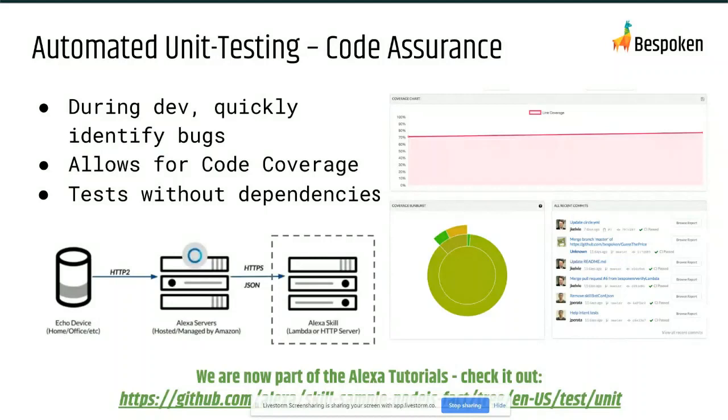You can dig through and see what's happening with your code. Really a lot of nice stuff there. And then you can also hook into continuous integration tools. Really not too hard to do, so that every time that you push code to GitHub, it automatically runs these unit tests.